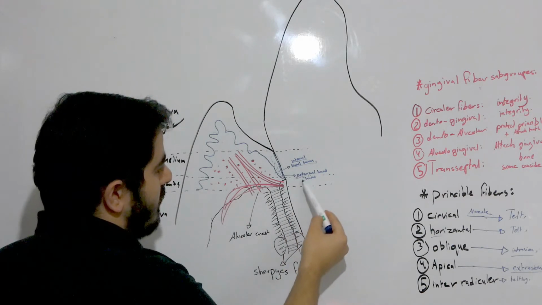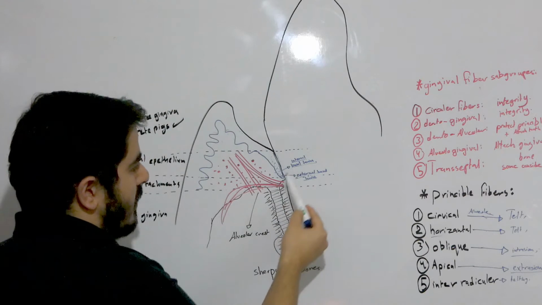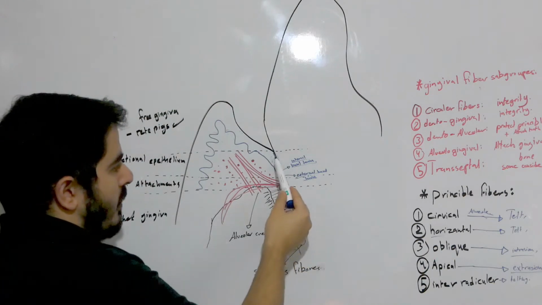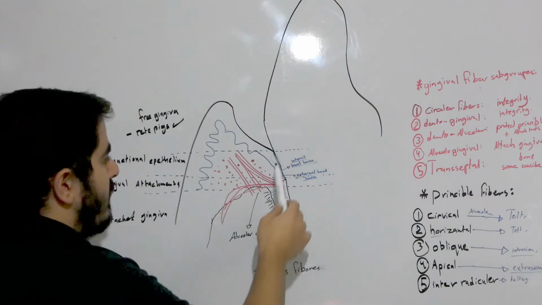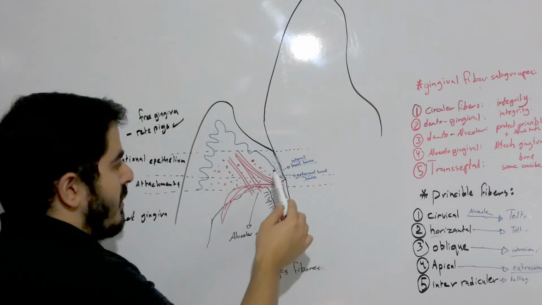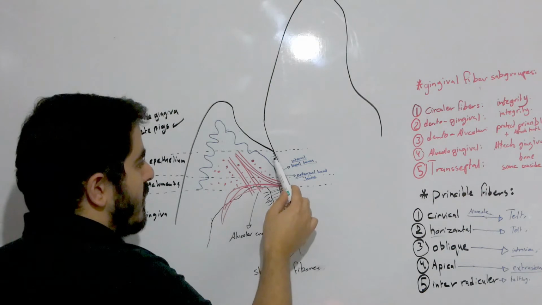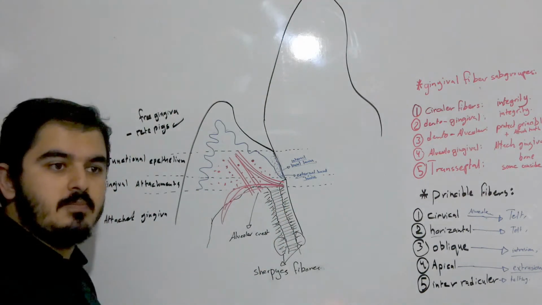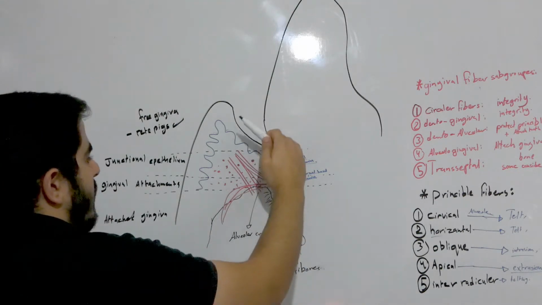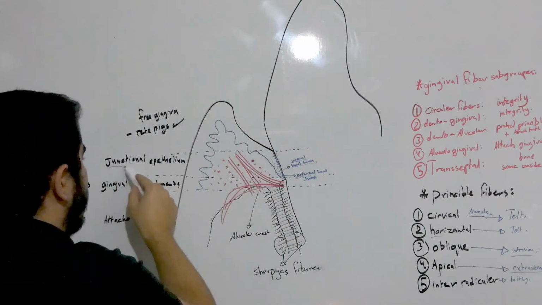This is the external basal lamina, and this is the internal basal lamina. We don't have a full basement membrane. We only have an internal basal lamina, and the epithelial cells are attached to it by hemidesmosomes. This is the first layer, and it is called the junctional epithelium.